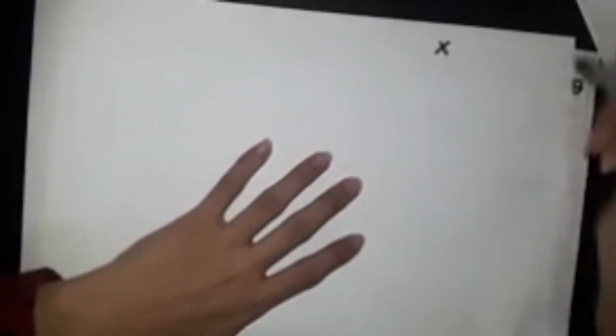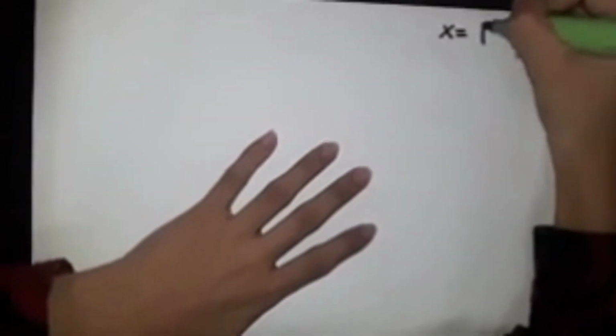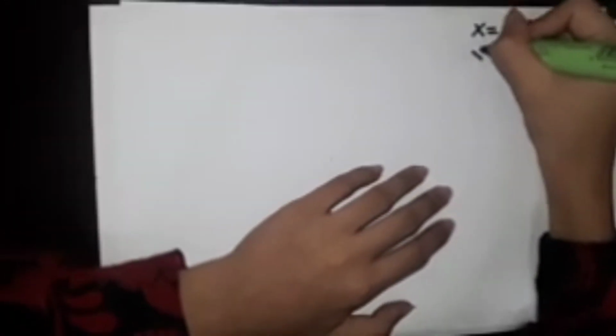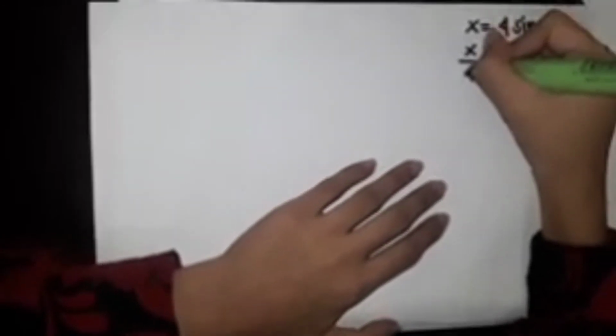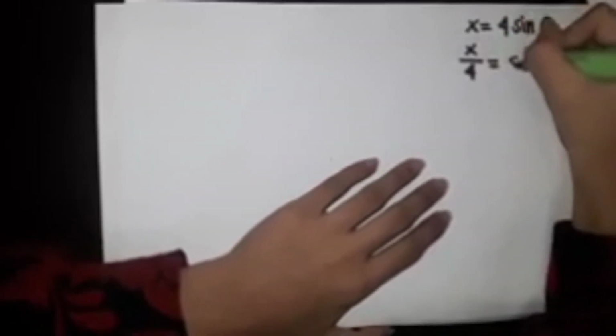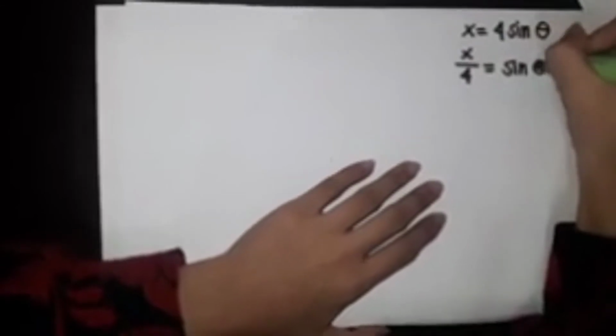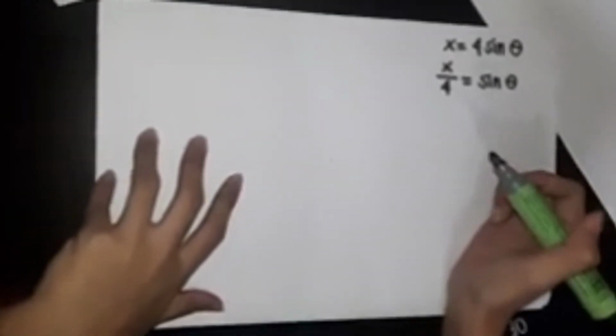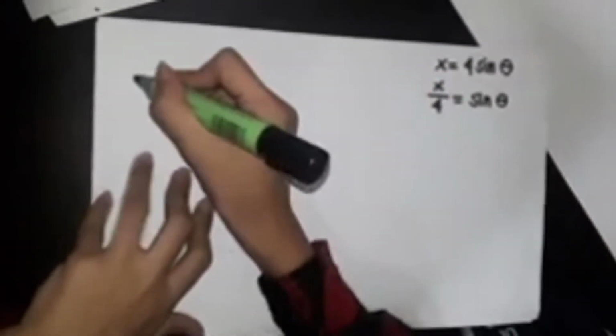Now let's continue. Our x is equal to 4 sine theta, and let's divide both sides by 4. So x over 4 is equal to sine theta. Now, let us make a right triangle. Okay, let's draw it.